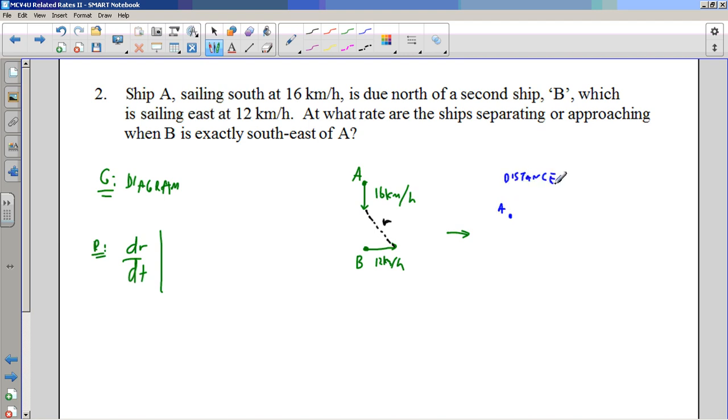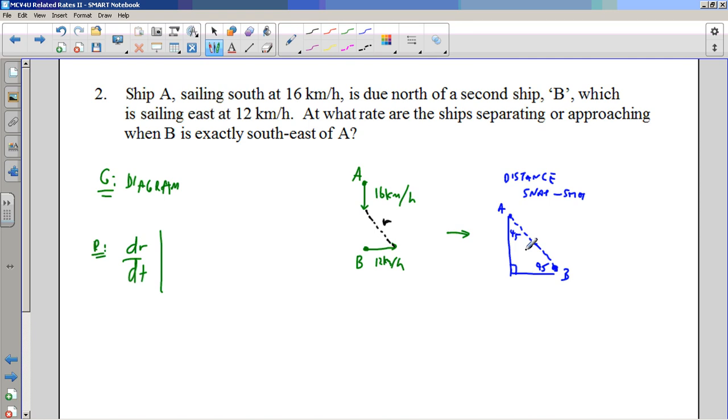It's always changing, but this is the distance snapshot, A and B. A has moved from its initial position, and B has moved from its initial position, and now B is exactly southeast of A, right? So that means this is 45, and this is 45 degrees.